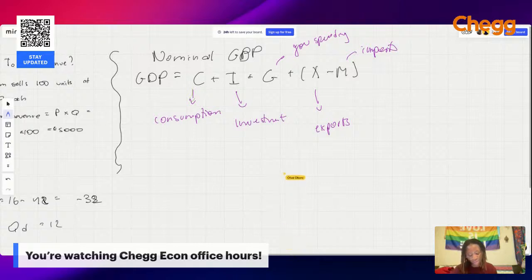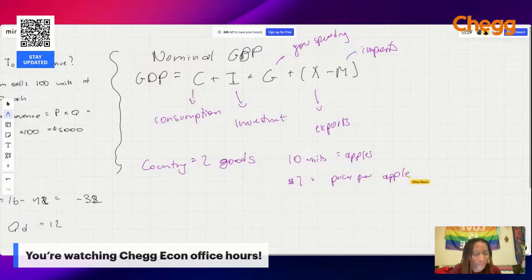So let's say a country produces 2 goods. They produce 10 units of apples, $2 each is the price per apple, right?